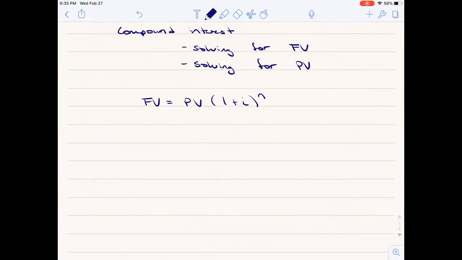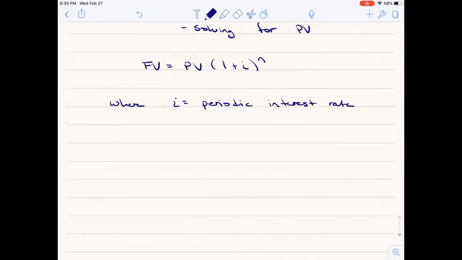Just to refresh our memories, because we're going to use this a lot today, where I'm assuming you know future value and present value, right? If not, you can look at the notes from last day. But where i is the periodic interest rate, and the calculation is i equals r over f.